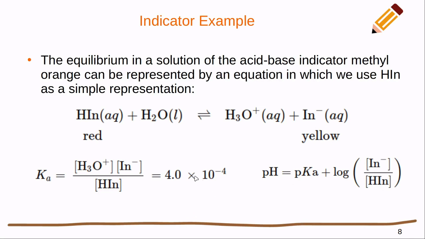And when it is below 4, I'm going to have the protonated version dominating, meaning I'm going to have a red solution.